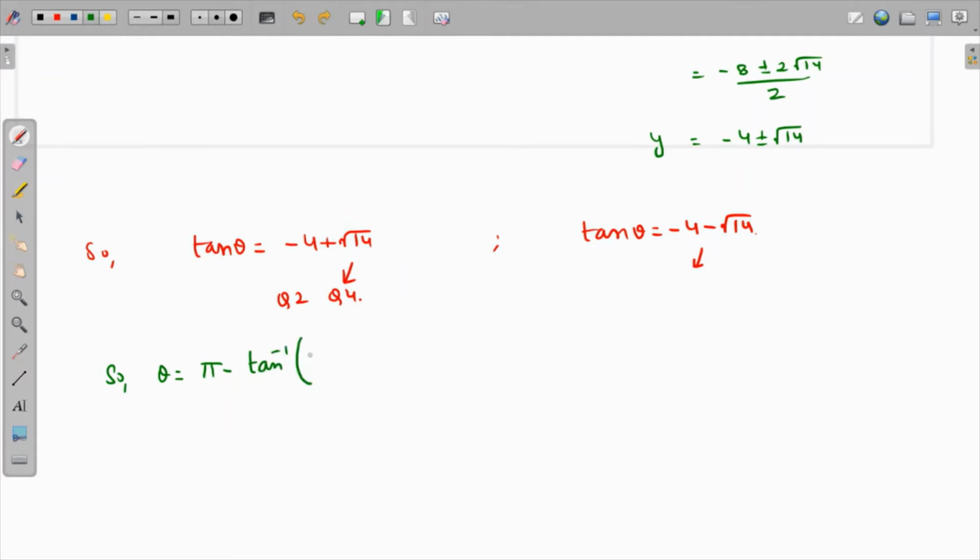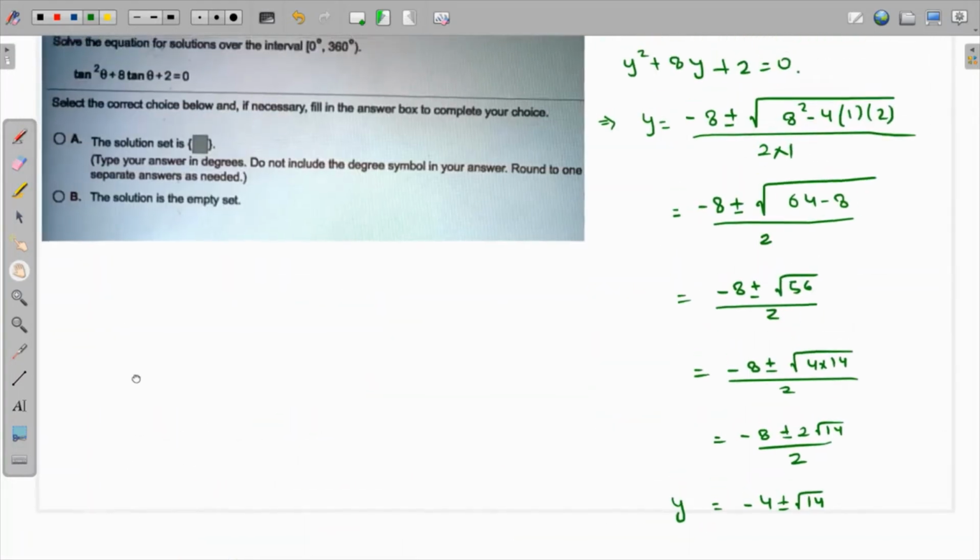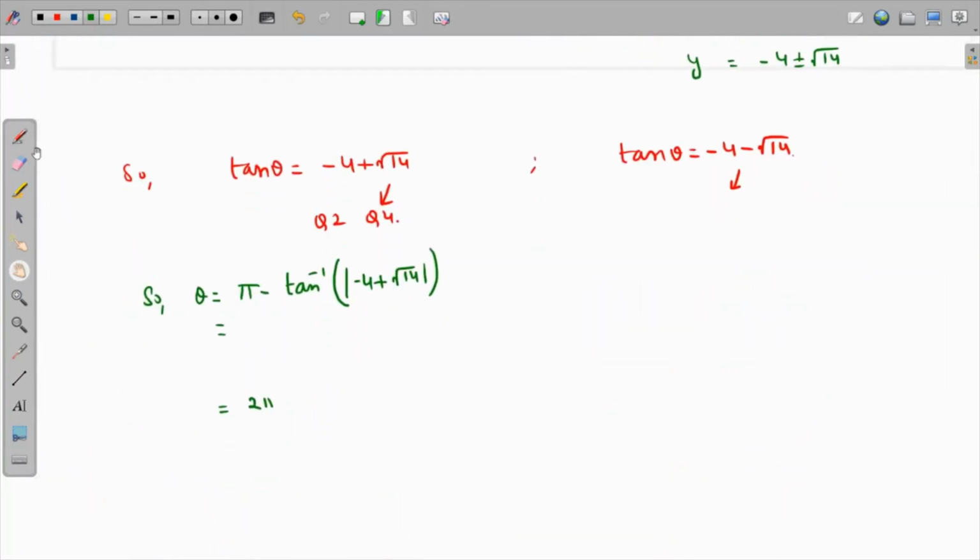So tan inverse of the absolute value of minus 4 plus root 14, and the quadrant 4 angle is 2 pi minus tan inverse of that. Okay, I think we have to give the answer in degrees, so rather than writing pi, I'm going to write 180 degrees, and over here I'm going to write 360 degrees.